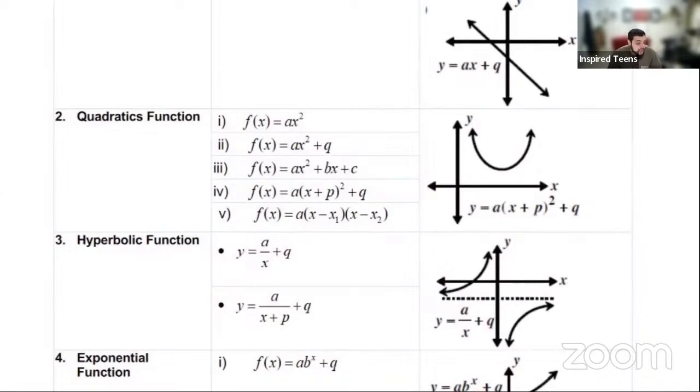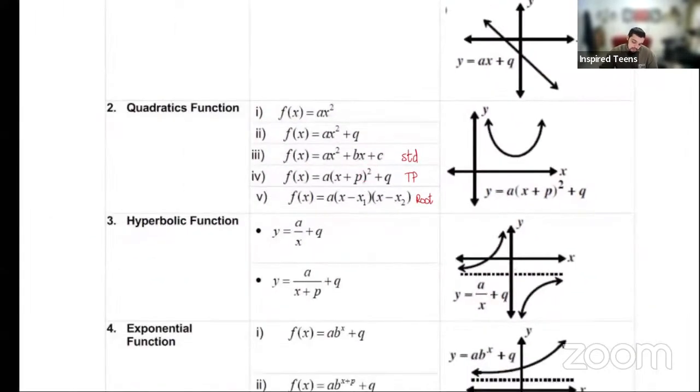This is standard form, this is TP form, and this is root form. TP form gives you turning points, root form gives you x-intercepts, and a parabola graph looks something like this, like a smiley face or a sad face alternatively. And don't forget the square there.